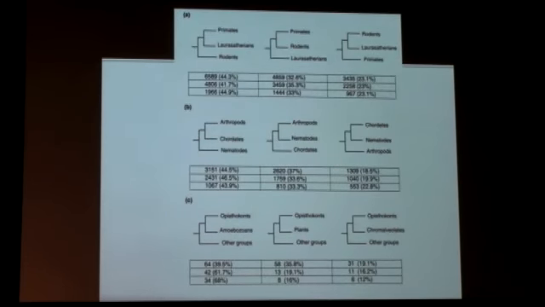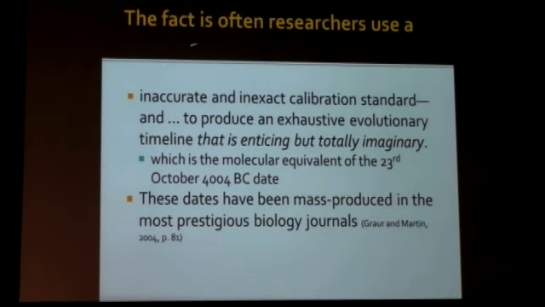You can see a good example. Depending on what gene we use, we get these different parts of the evolutionary tree. They can be arranged all over the place. It's an inaccurate and inexact calibration standard, and so it produces an exhaustive evolutionary timeline that is enticing but totally imaginary, and they concluded that this is the molecular equivalent of the Ussher creation of the Earth on October 23rd, 4004 BC.